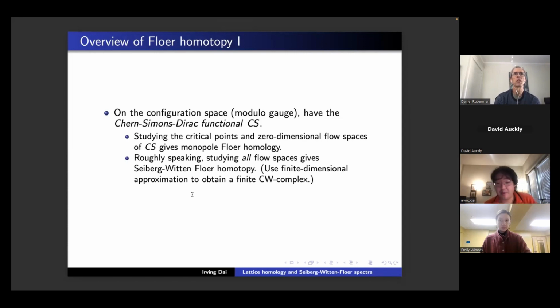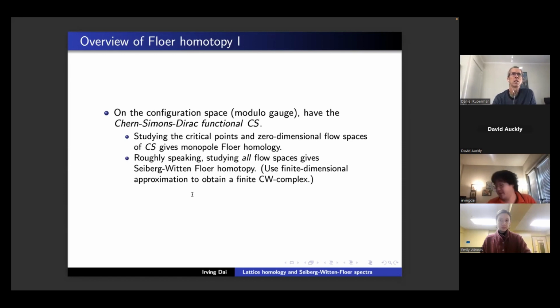in Seiberg-Witten-Floer homotopy or Seiberg-Witten-Floer homology, one is essentially studying this thing called the Chern-Simons-Dirac functional, CS. Maybe I should have written CSD. This is a functional on some infinite-dimensional space of connections and spinors, and I mod out by this gauge group, but I don't think I need to go into the details. So one studies this functional.